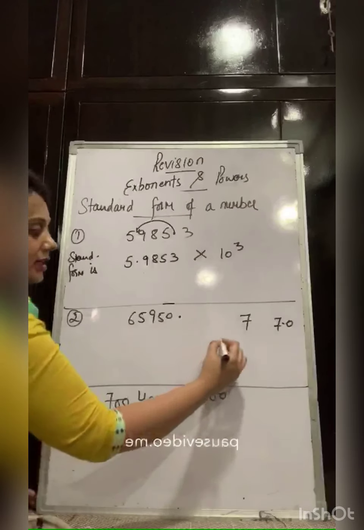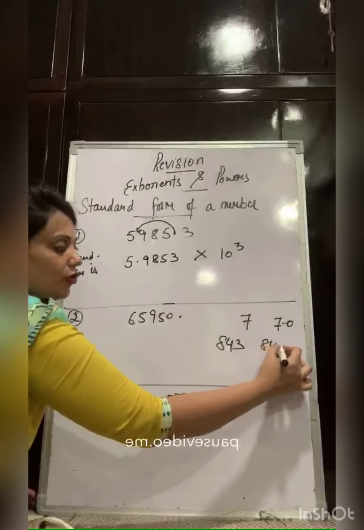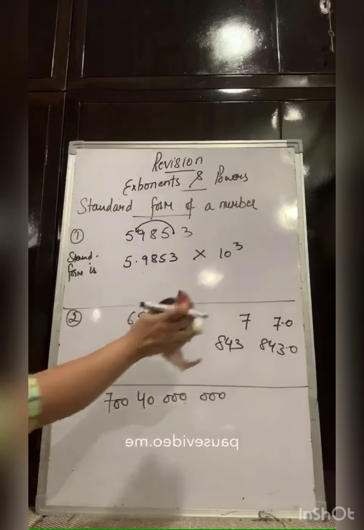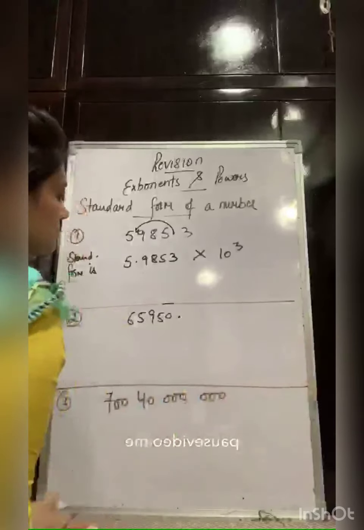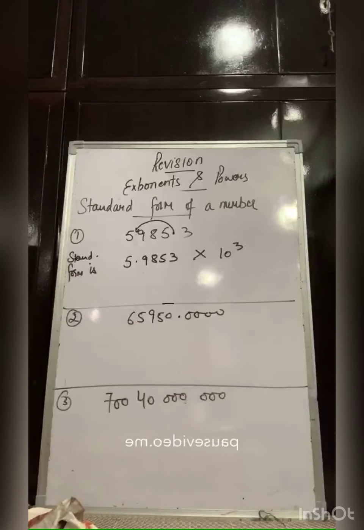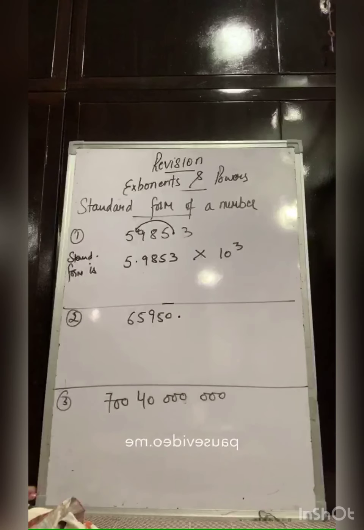If we have to write 843, can we write 843 as 843.0? Yes, we can write. So 65950 can be written as 65950.000. You can put as many zeros as you want, or not. It means the decimal is at the last.